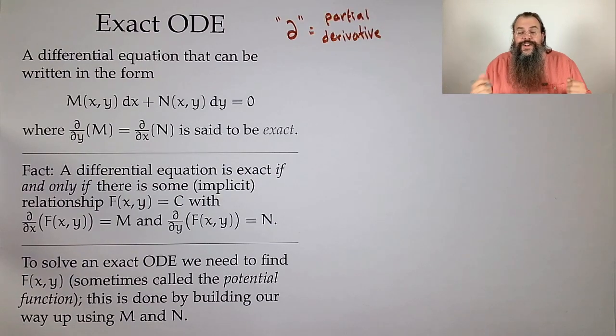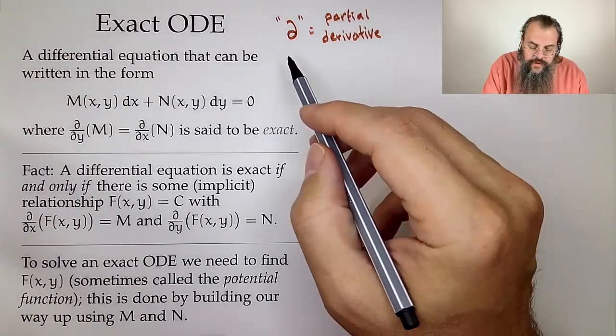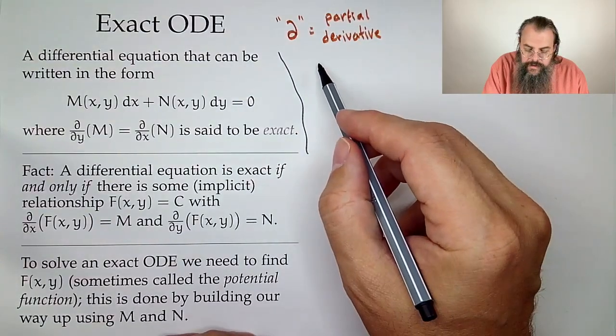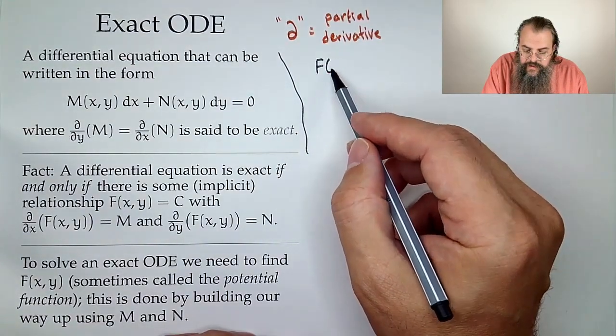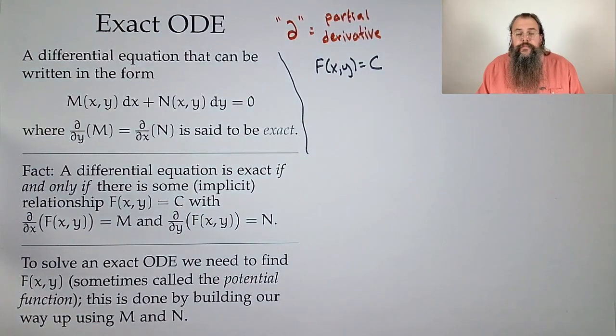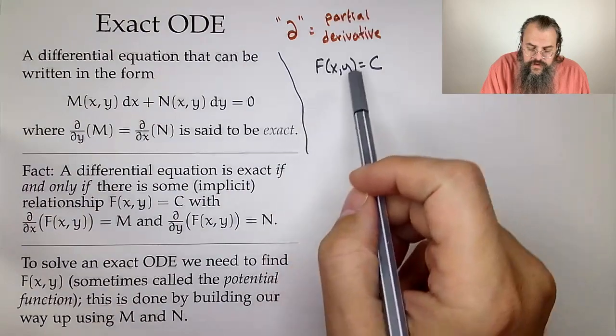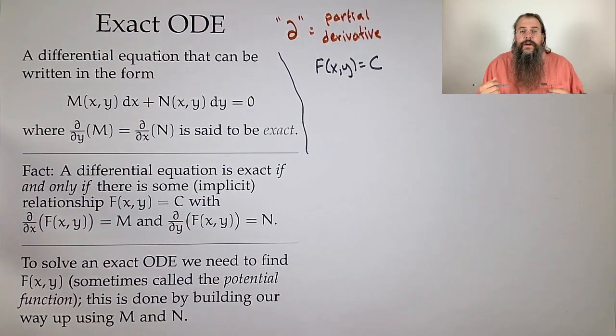It's really easy to integrate derivatives. So, here we go. We start with the following notion, namely, suppose we have f of x, y equals some constant c. And so that says there's some relationship between x and y. Because that's what this really says. There's some expression involving x and y.